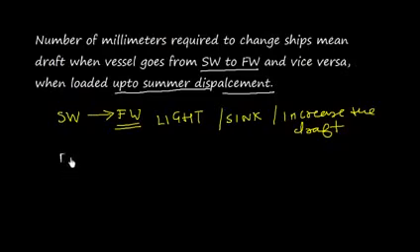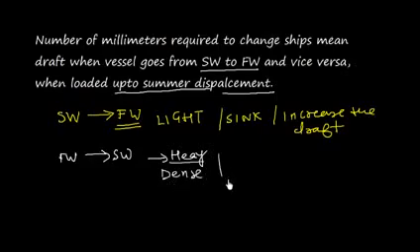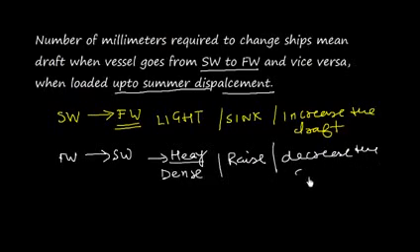Similarly, when the vessel goes from fresh water to salt water, the salt water is much heavier or more dense. So that will raise the ship or will decrease the draft. And this fresh water allowance is given by this formula.